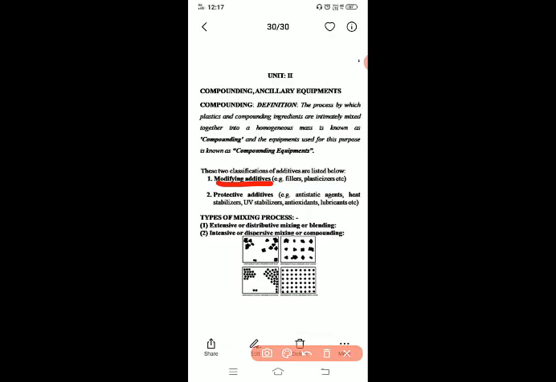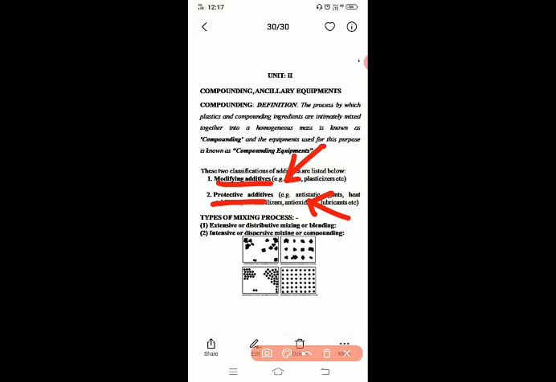So certain ingredients will be added to these plastic materials in order to prevent them from degradation. So these ingredients are called protective additives. Example: UV stabilizers, antioxidants, and anti-static agents. So for these two purposes, the compounding ingredients are added to plastics.